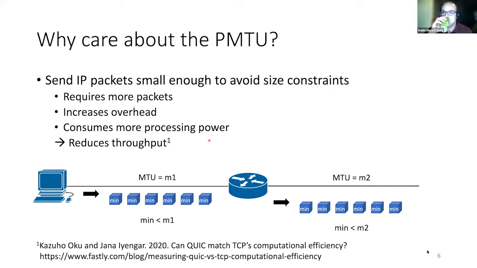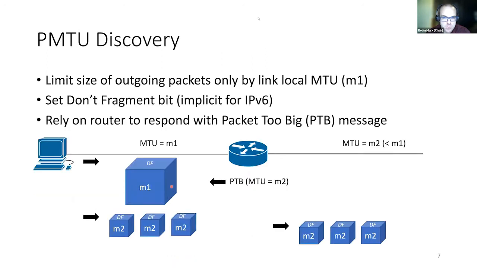And as each packet needs to be processed by the sender, the routers, and the receiver, we consume more processing power, which reduces the throughput, as Kazuho Oku and Jana Iyengar showed for QUIC in a blog post from last year. So we should care about the PMTU.